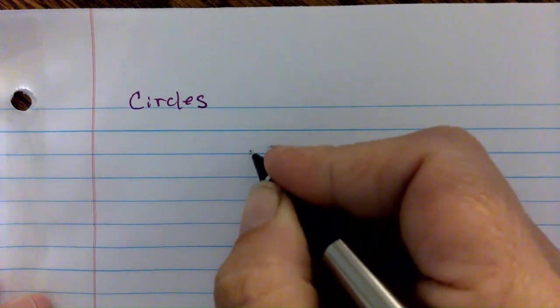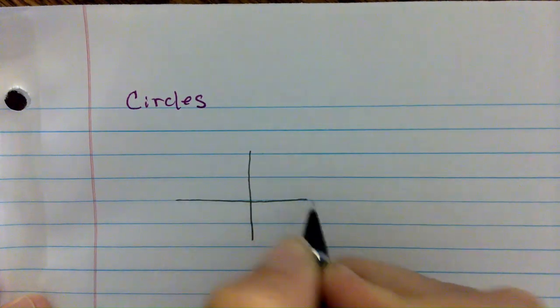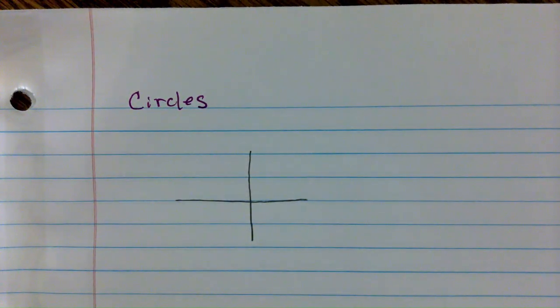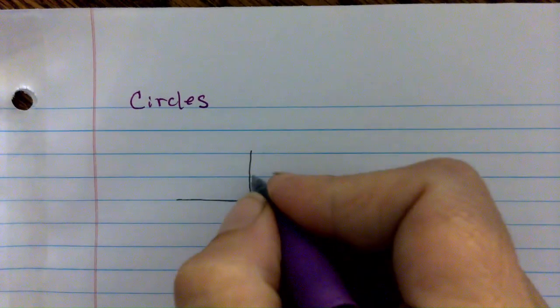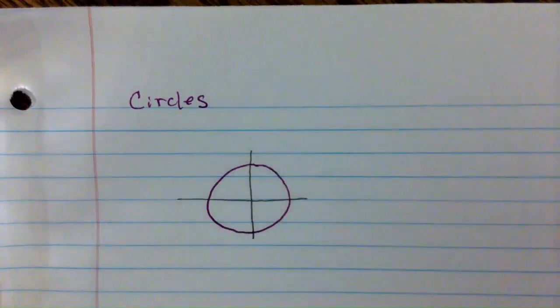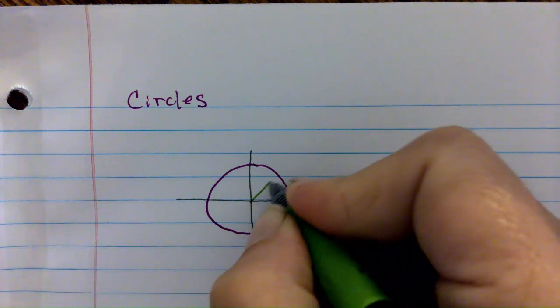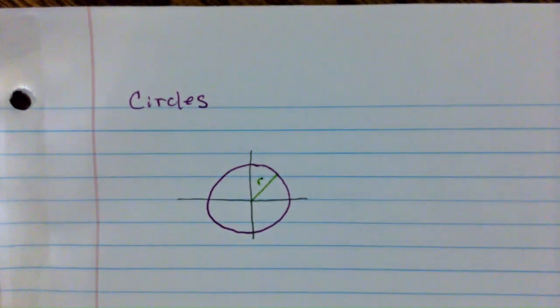Circles. I find these to be one of the hardest things for students, and I'm not completely sure why. So let's just go over some stuff with a circle. Let's assume we have a circle centered at the origin, because that's what a parent function would be, right? And we have a circle. If I were to draw this right here, this would be the radius of the circle.